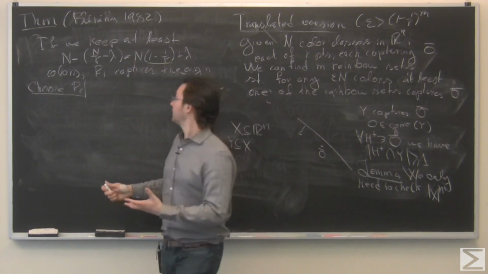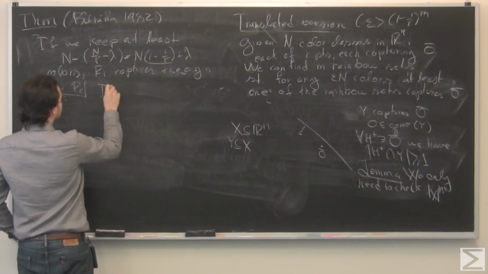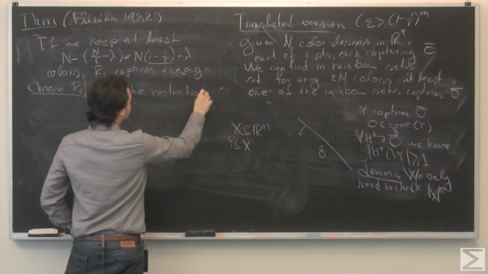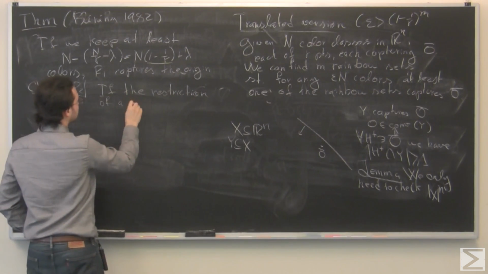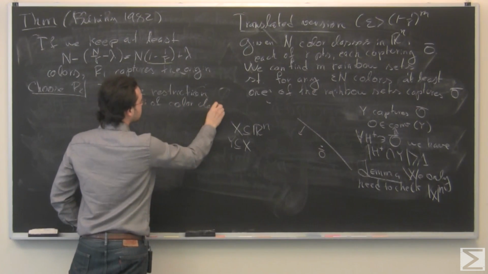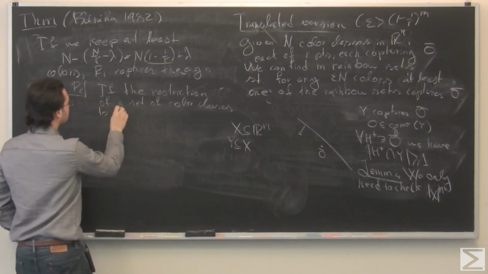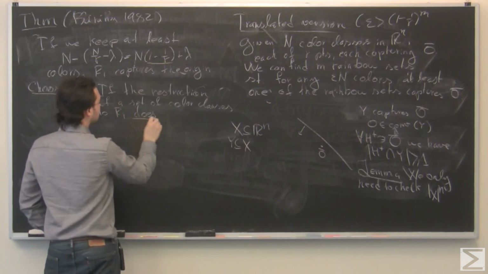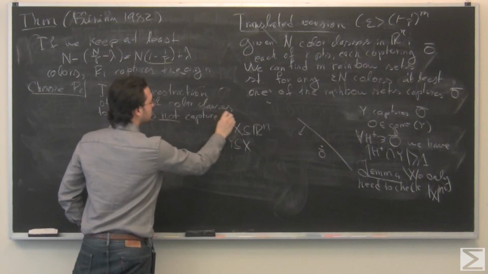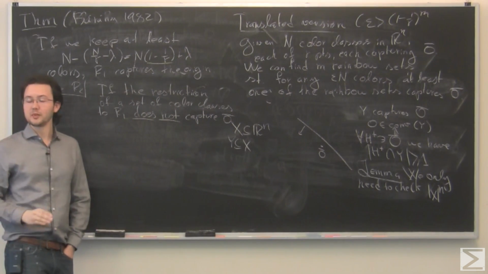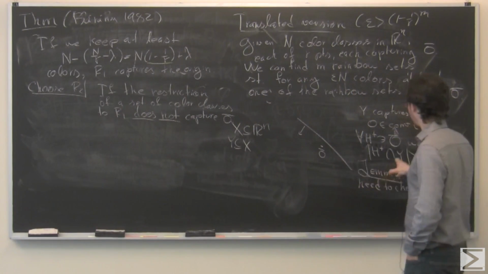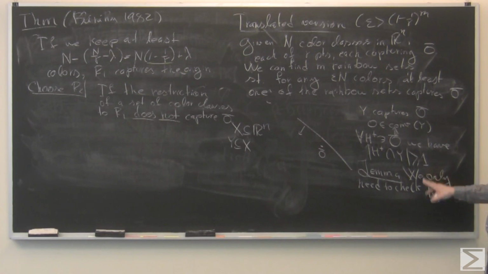Okay? So if the restriction of a set of colors to O1 does not capture 0, I want to understand how this can happen, right? It means that one hyperplane separates it from the origin, and it has to be one of the hyperplanes that we found here, okay?